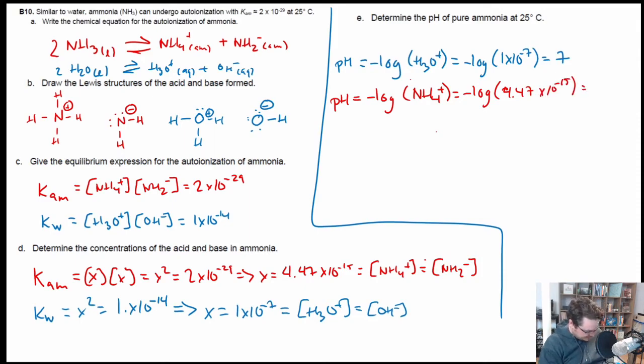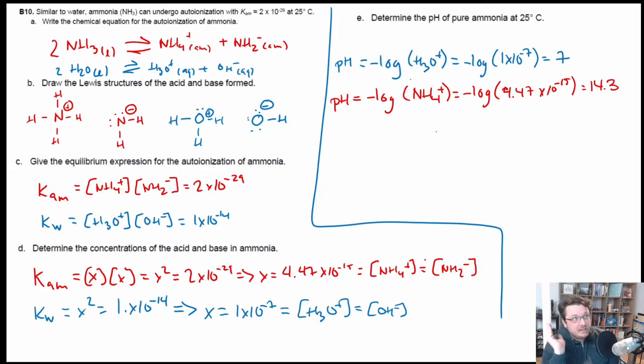What we get is negative log of 4.47 times 10 to the negative 15 is 14.3. 14.4, yeah, it's probably a rounding error or difference in those cases. And so that's what neutral pH for ammonia is, a pH of 14.3.